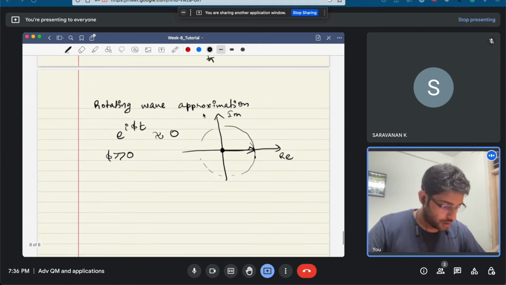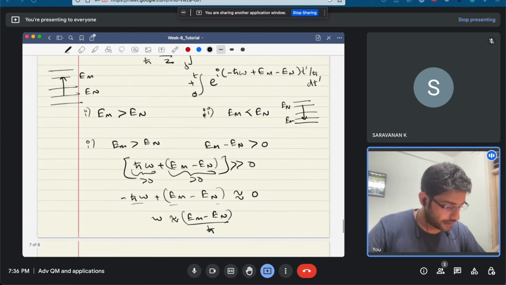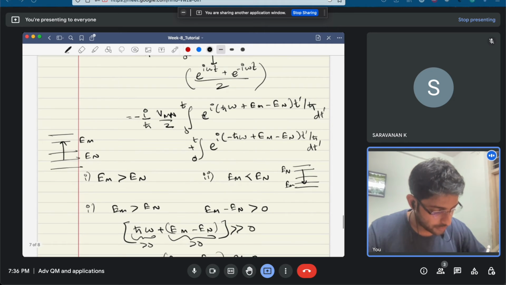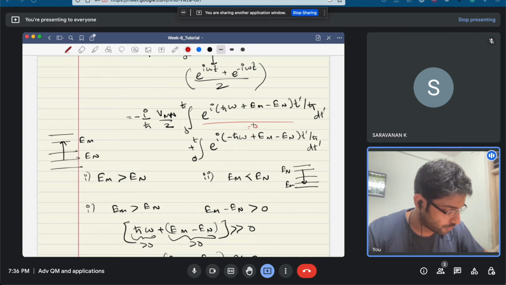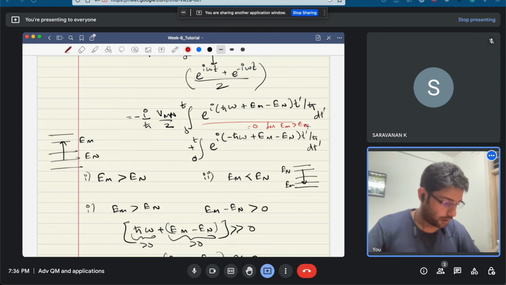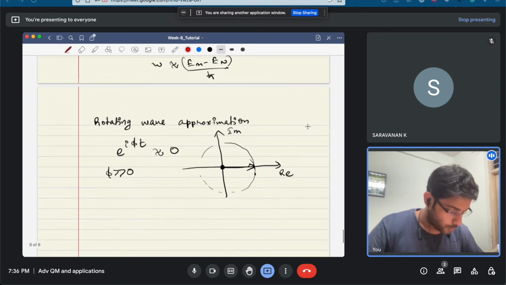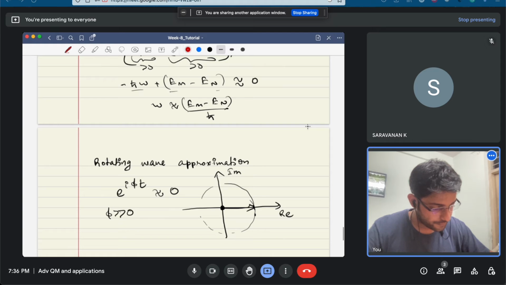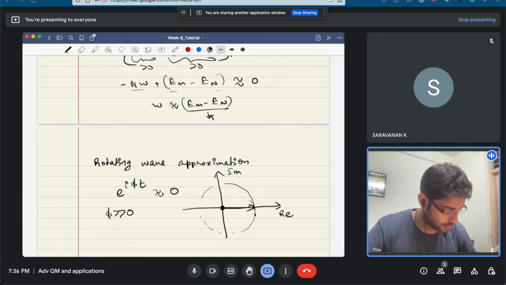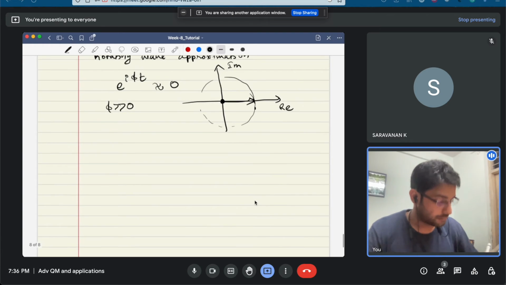Okay, so ultimately the message is that this term is 0 for Em greater than En. Okay, and what we are left with is only the second term.